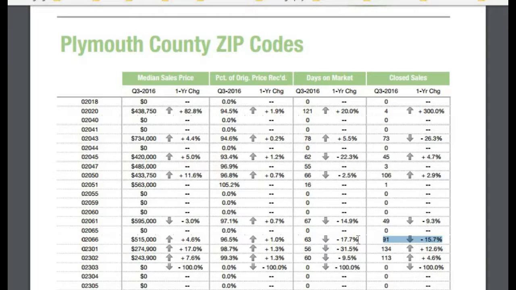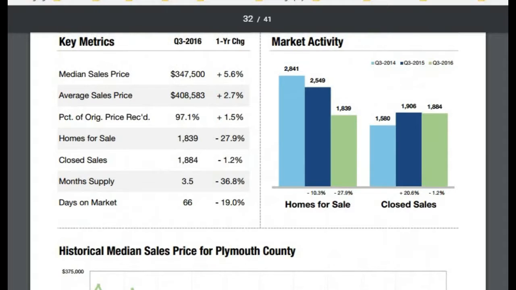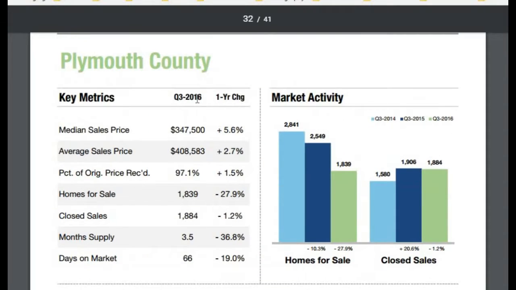But the two key metrics that you want to get from here are days on market, which is 63, and percent of original price received, which is 96.5. So when you're focused on any county, if you can't get it for the zip code that you're working in, then use the metrics for the entire county. At least it gives you some information to work with. Again, the county is the page previous.